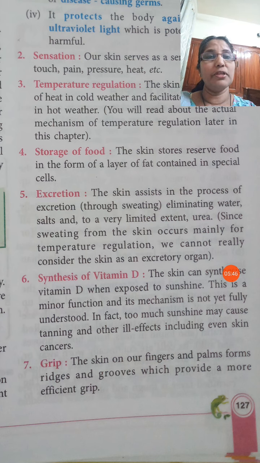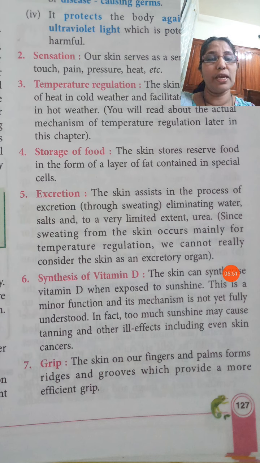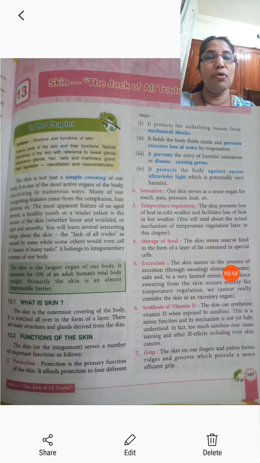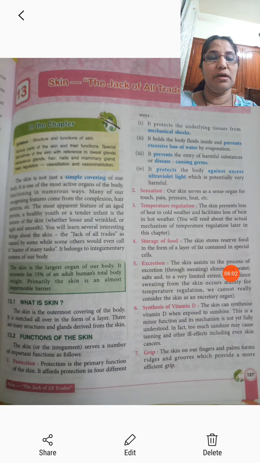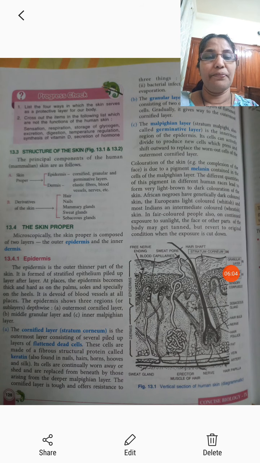On our feet also, on the underside of the foot, we can see such ridges and grooves that can give grip on the surface when we touch anything or when we walk. These ridges and grooves give us grip.